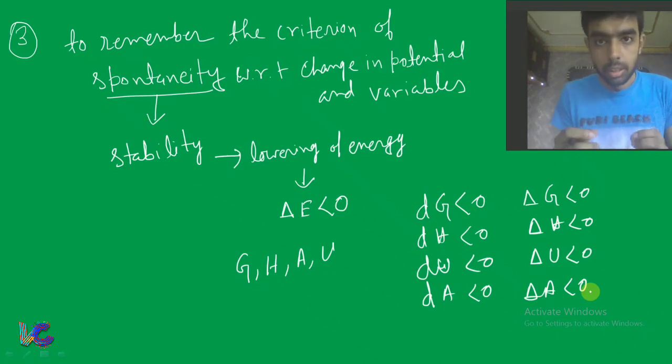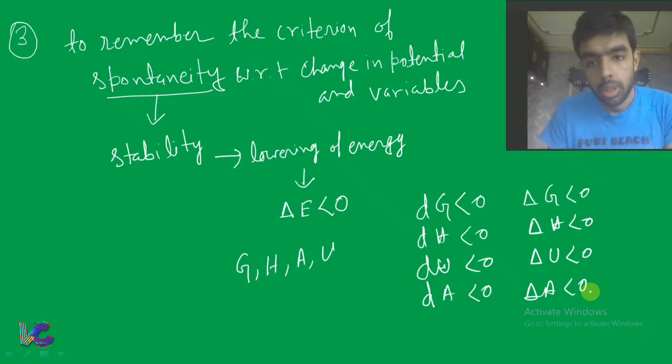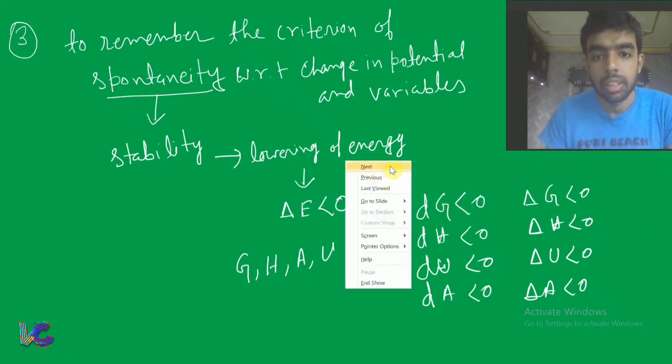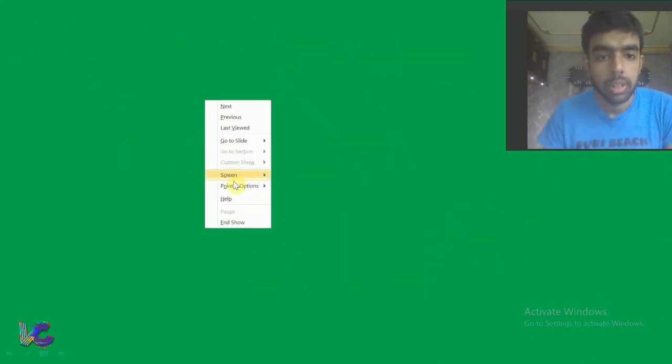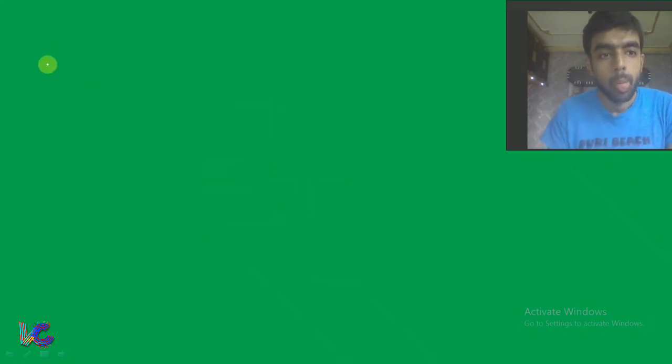But this will be the condition of spontaneity only if we keep the proper variables constant. If we introduce the proper variables as constant, then these conditions are correct, otherwise not. So let's see the correct conditions for spontaneity with respect to the thermodynamic potentials. Now let's draw the thermodynamic square.